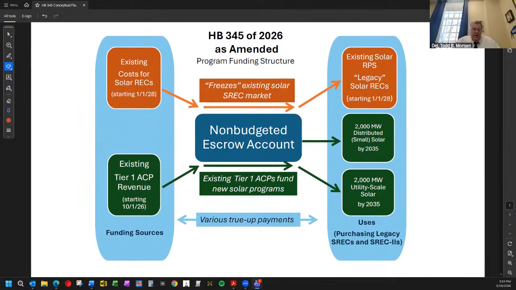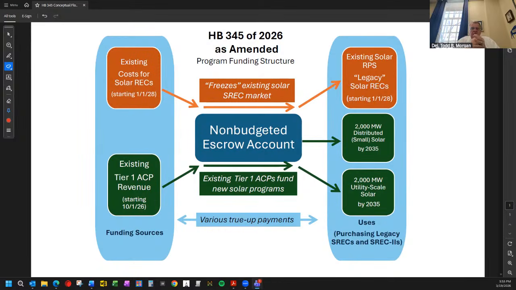Okay, so then if I'm a betting guy, the hope here is that the ACP never goes down. No, we want the ACP to go down. We're betting on the ACP to remain high in order to do this program, correct? I think the program is structured to use anticipated high ACP revenues over the next several years to fund these programs.